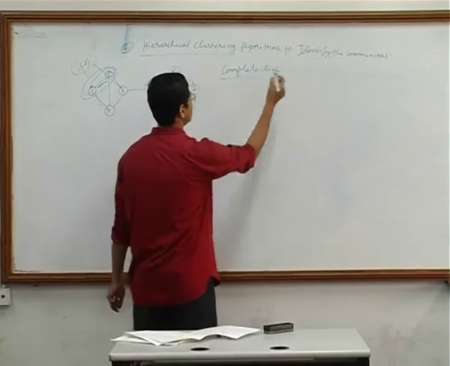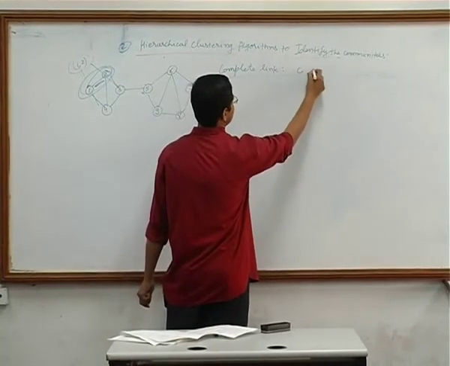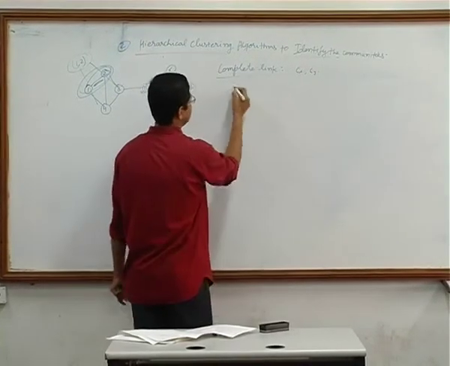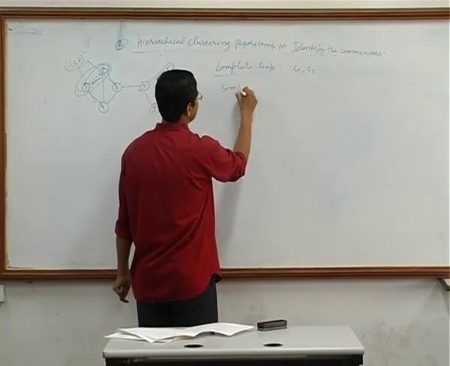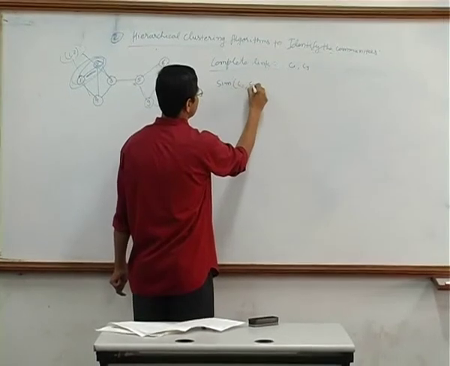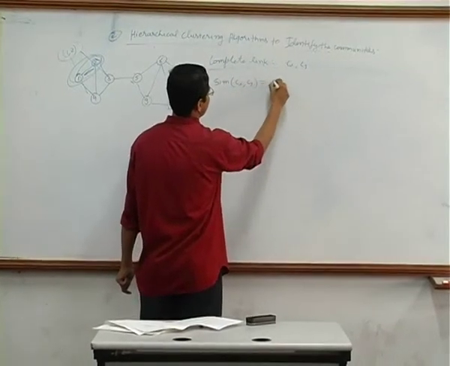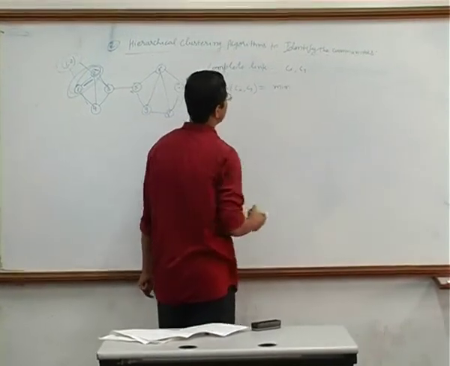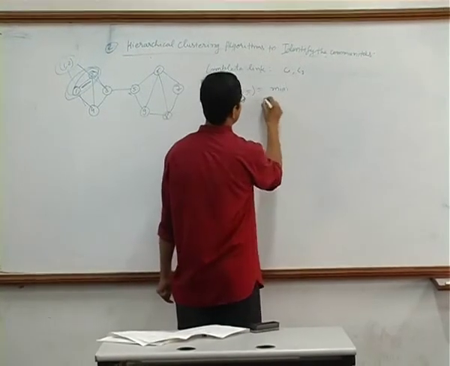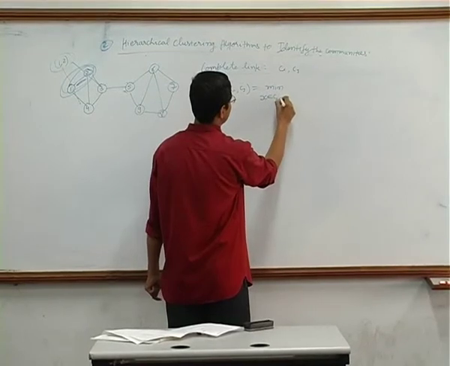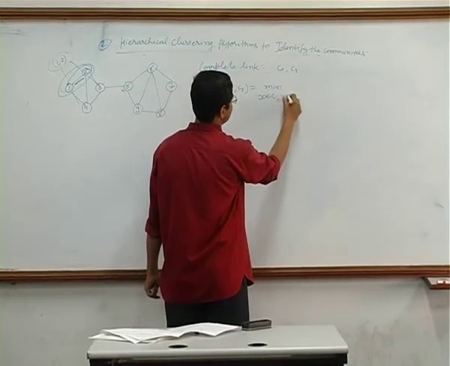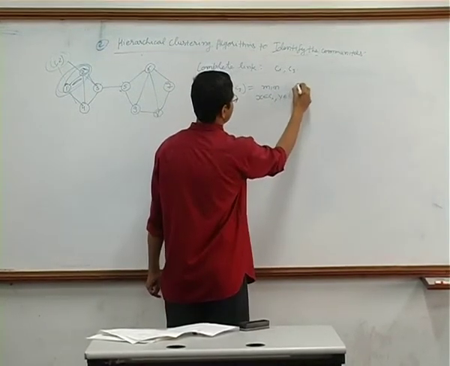For example, if we have a pair of clusters Ci and Cj, then the similarity between Ci and Cj can be calculated as the minimum similarity, where X is a member of Ci and Y is a member of Cj.